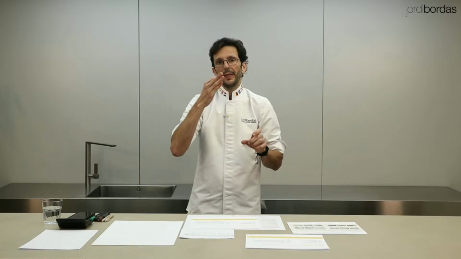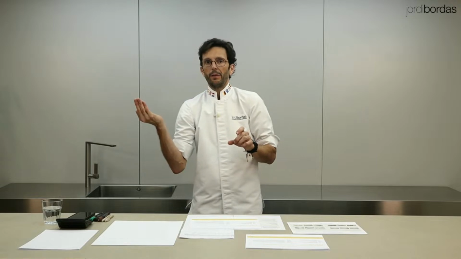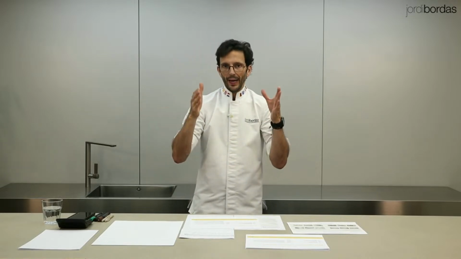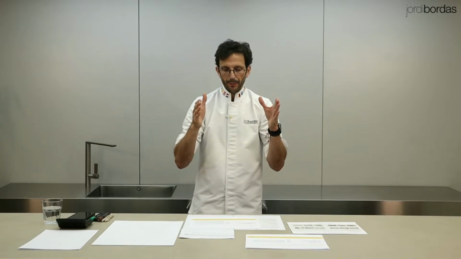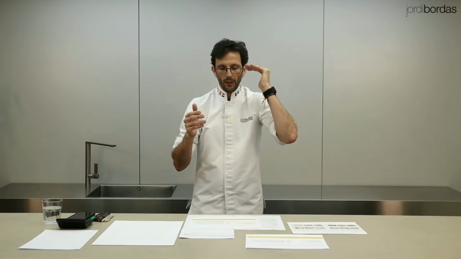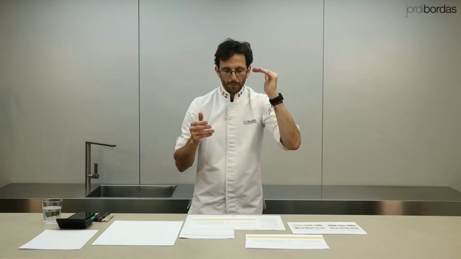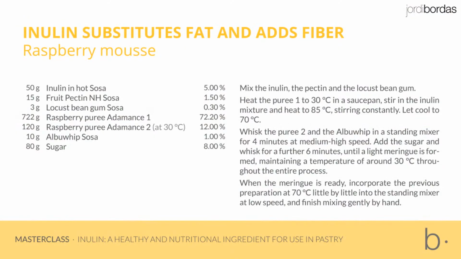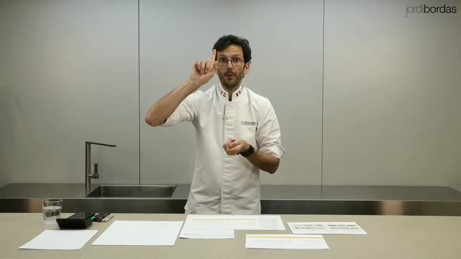And if we want to pasteurize, we can move until 85, but just arriving to 80 degrees in that part of the recipe. I repeat, inulin HP, pectin, locust bean gum, and raspberry puree number 1. In these 4 ingredients, just arriving to 80 degrees is more than enough. And then just prepare the meringue and mix it hot. This is really important.